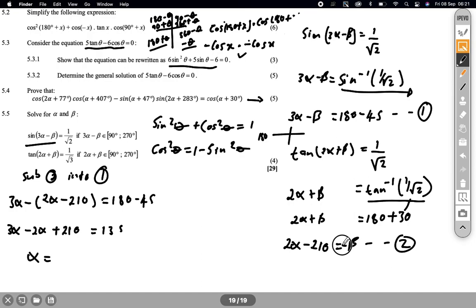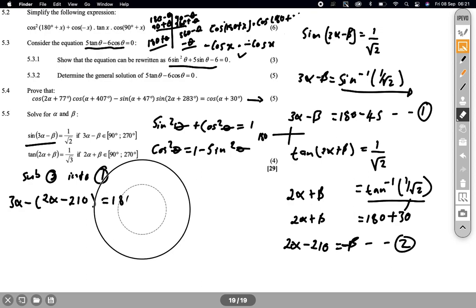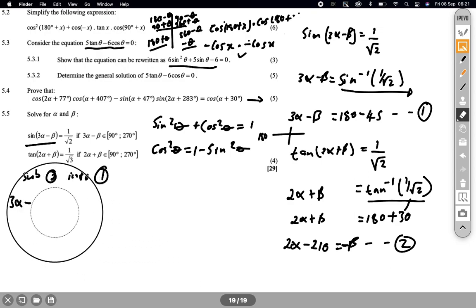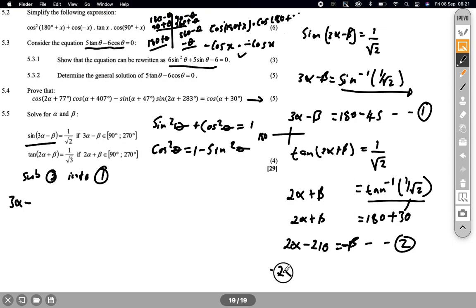So this is going to be negative beta when we transpose this. So we're going to divide by the negative both sides, and this is going to be negative 2 alpha plus 210 equals beta.